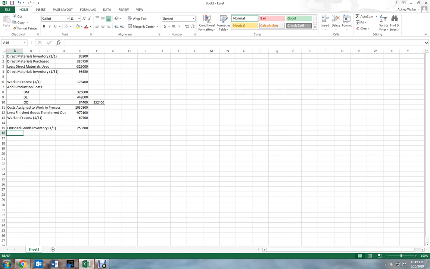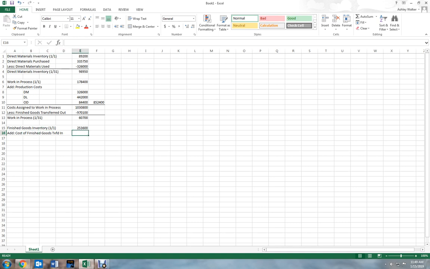Now, the other costs I'm going to incur in finished goods are any work in process goods that were transferred in. So I'm going to add those. I'm going to abbreviate there just to give some space.